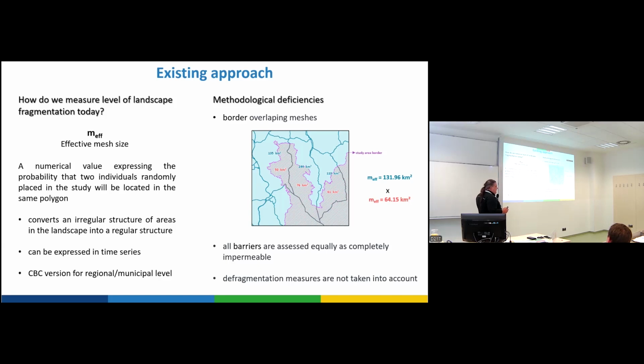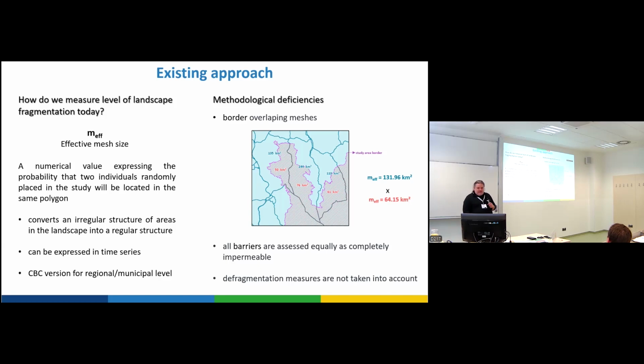It has a very big advantage that we can calculate it in time series, and there is also a CBC version for regional or even municipal level. So that's a probability model expressing the probability that two individuals randomly placed in that calculated area are located within the same polygon.